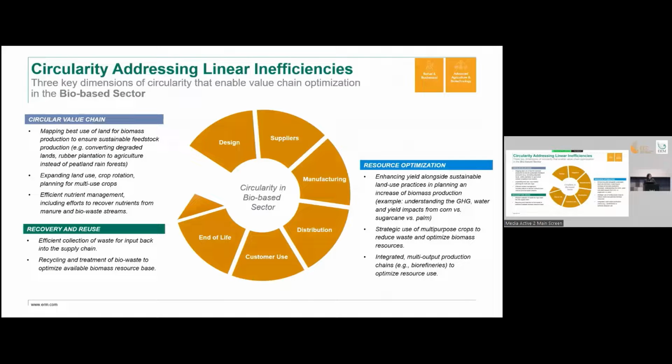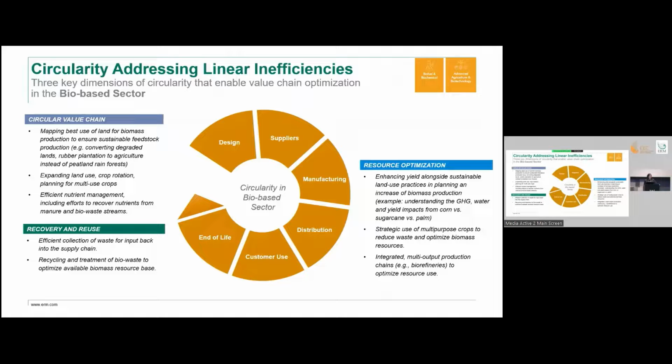In terms of creating circularity and bringing circular value chains to the existing linear value chains, ERM looked at three enabling factors. The first one here is creating circularity right at the design stage. This basically looks at how do you look at land use practices? What kind of crops would be best fitted for what kind of agriculture practices?